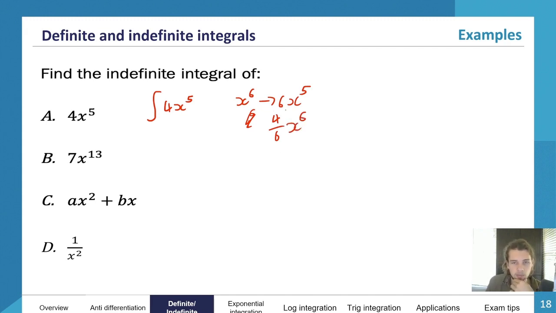And the reason is because if we derive this, we will see, okay, there is a 6 multiplied by our 4 over 6 multiplied by our x to the power of 5, which equals to our 4x to the power of 5.